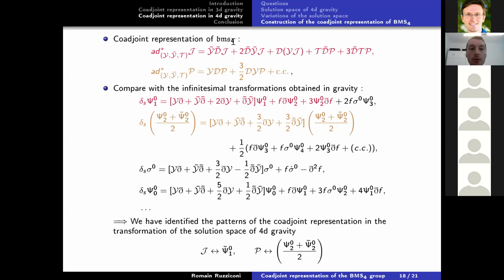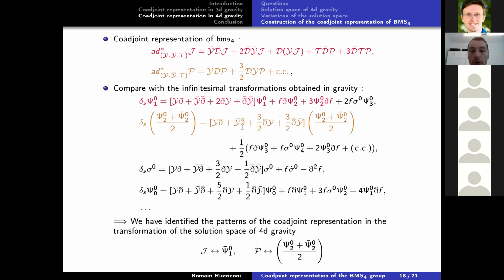So here is the coadjoint representation of the BMS4 algebra. And now we want to identify the patterns of this representation in the transformation of the solution space that I introduced before. So here you can see that in the transformation of the angular momentum, you have some patterns of the coadjoint representation appearing naturally if you make the following identification.